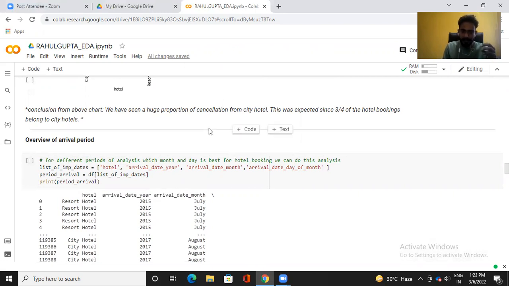That means if they cancel their booking, they don't need to pay anything. So one step we may take is to charge some penalty, just like nowadays Uber, Ola, and Oyo charge some percentage for cancellation.